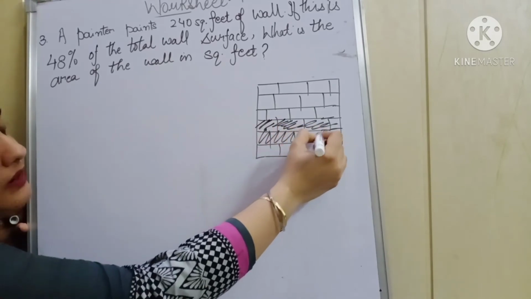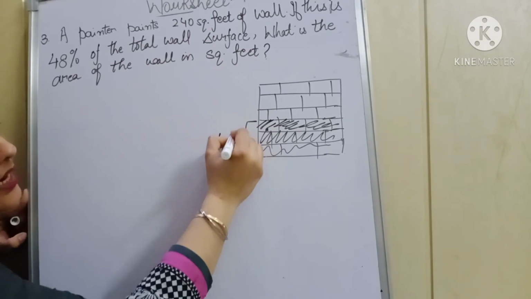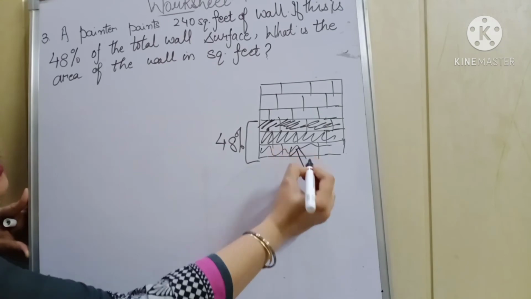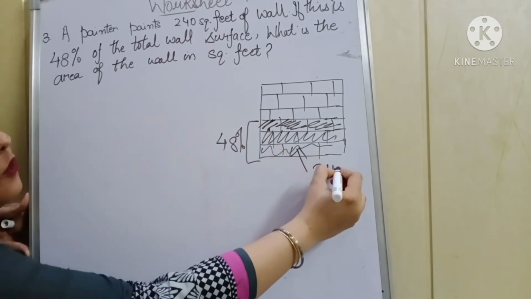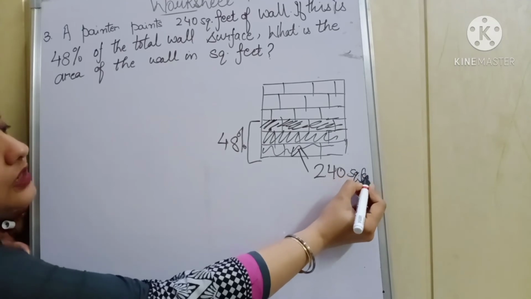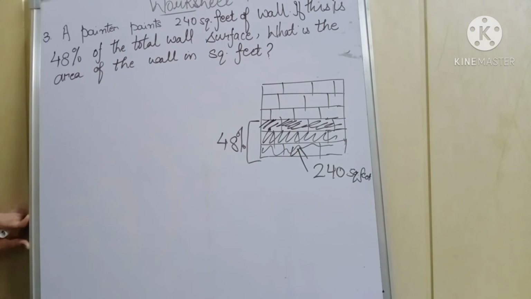This portion is 48% of the total, and the area of this portion is given as 240 square feet. You have to calculate the total area of the wall.